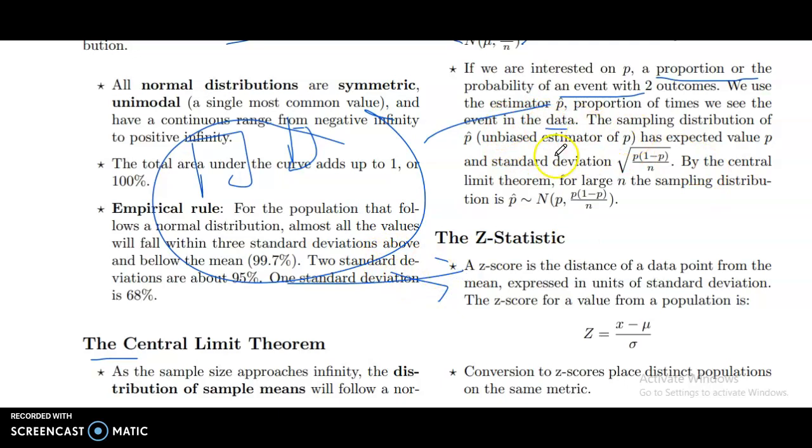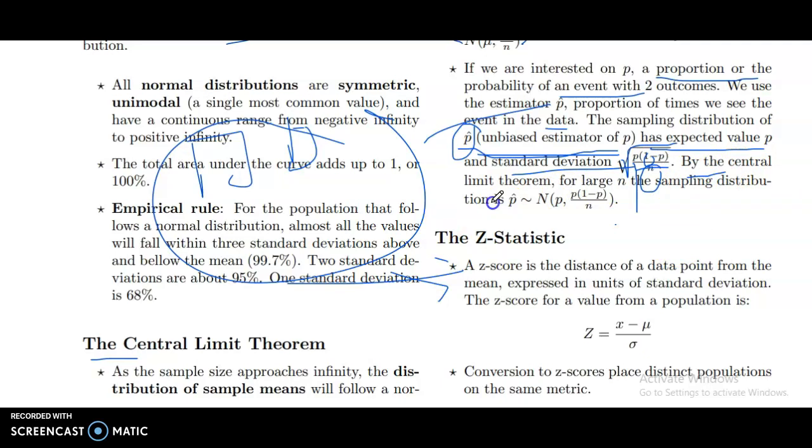The sampling distribution of p cap, an unbiased estimator of p, has expected value p and standard deviation the square root of p times 1 minus p, divided by n.